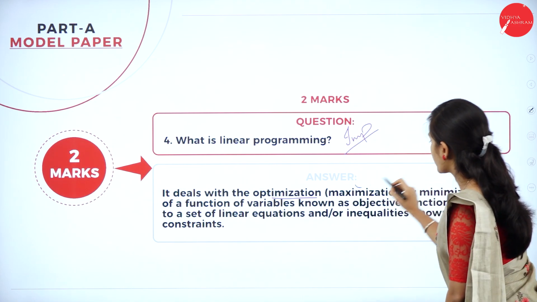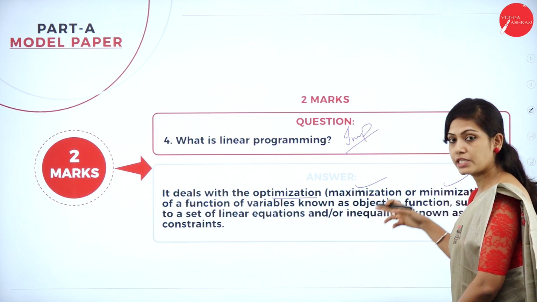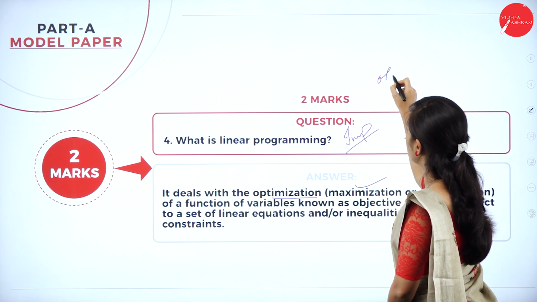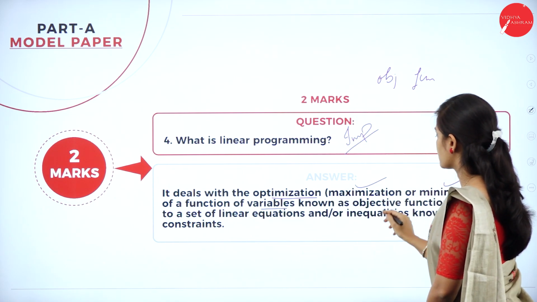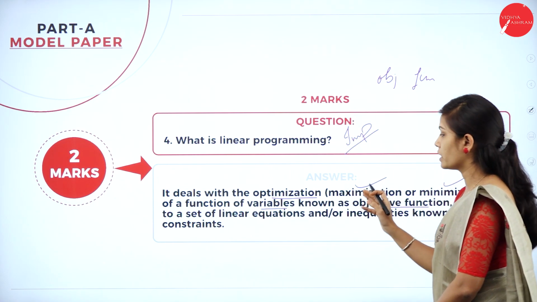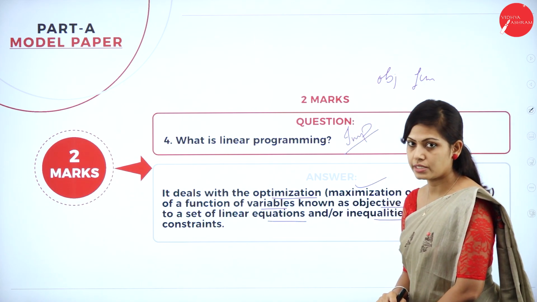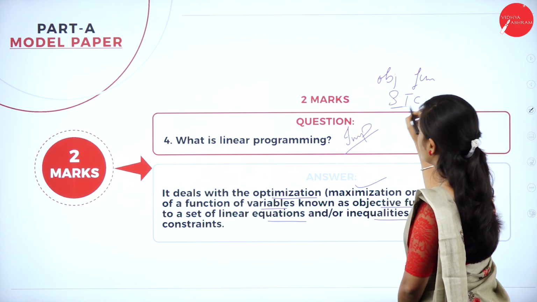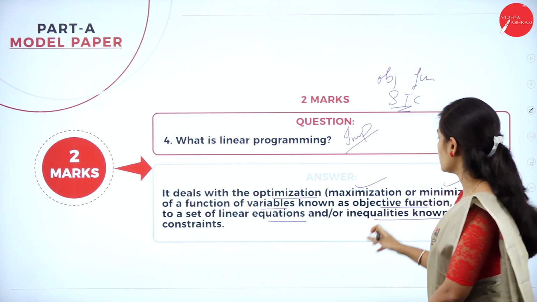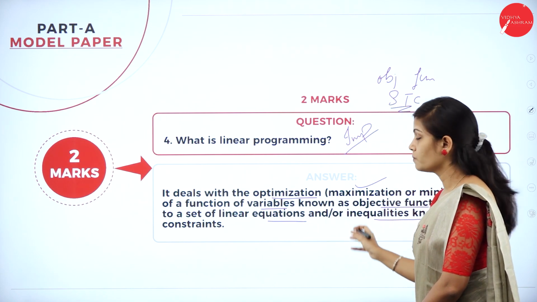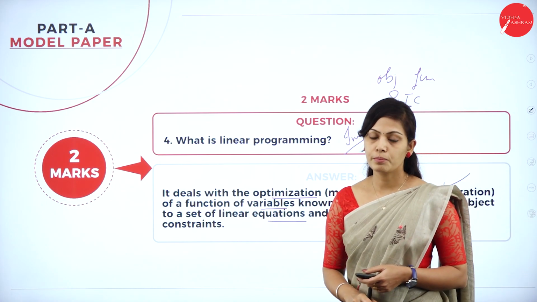Optimization means maximization or minimization of a function of variables, known as the objective function, subject to a set of constraints, that is linear equations and inequalities, which are called constraints. So LPP is a combination of optimization, that is maximization and minimization, and variables, subject to constraints in the form of equations. That is called a linear programming problem.